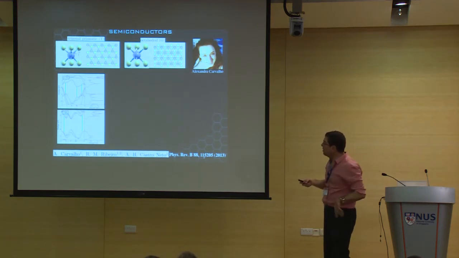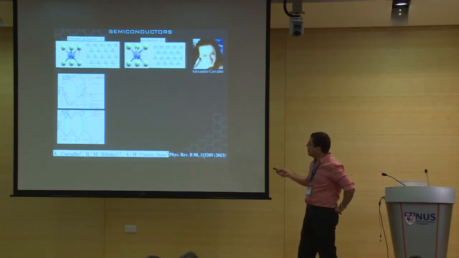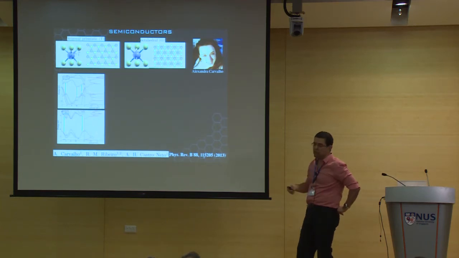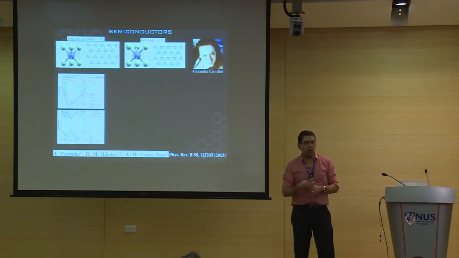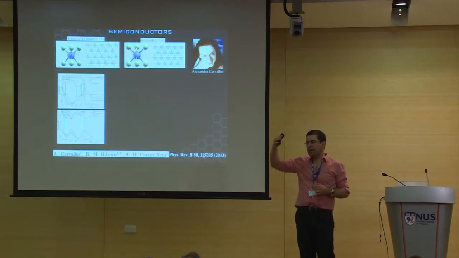And one thing we notice is that when you calculate the electronic density of states for the semiconductors, you have these huge peaks, which is great for photoabsorption, because it means you can have transitions at certain energies with very high intensity.